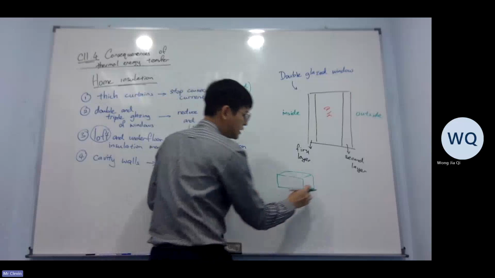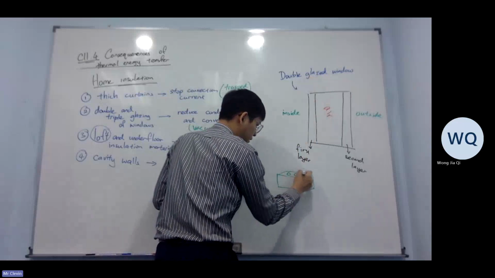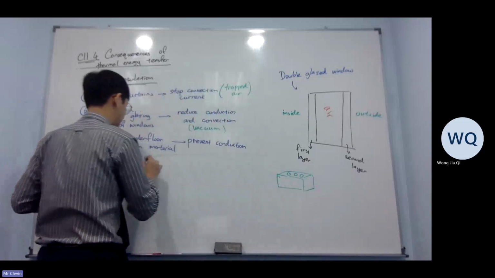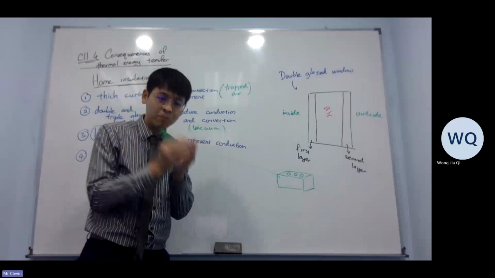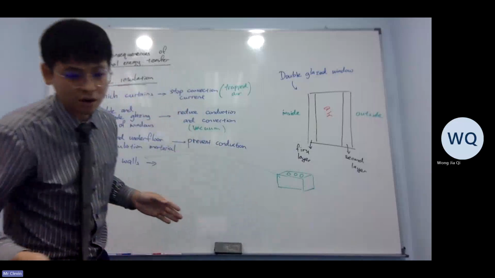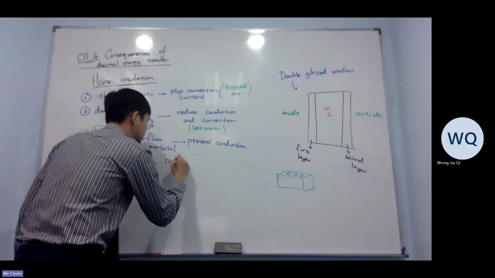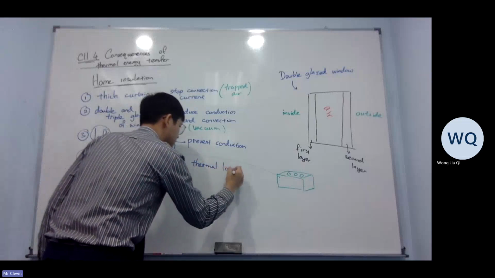Usually what you will see in a top-down view is a hole in between. This is what we call a cavity wall. Why do we need a cavity wall? Same thing, there will be air inside to prevent conduction as well. Or you can even use the words reduce thermal loss.